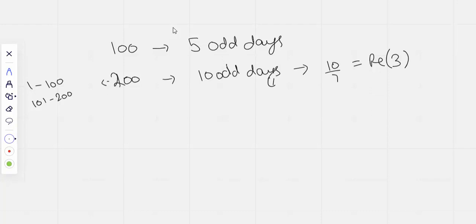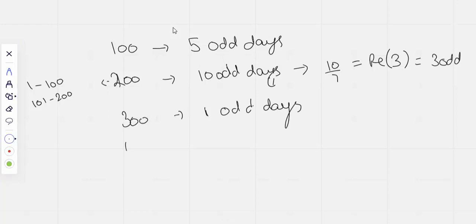So for 200 years you get 3 odd days. Similarly for 300 years, it will be 5 times 3, that is 15 odd days. If you divide 15 by 7, you get 1 odd day in 300 years.